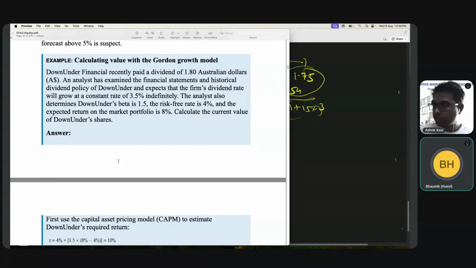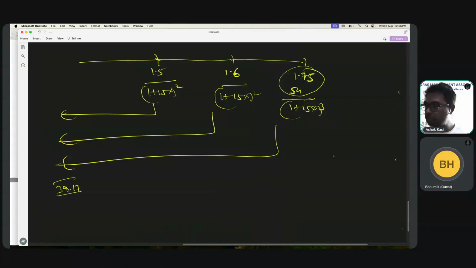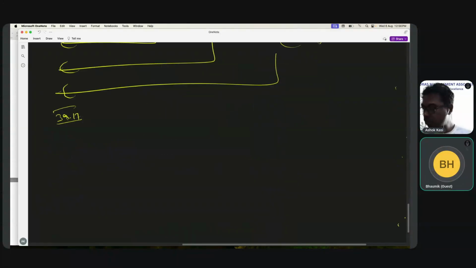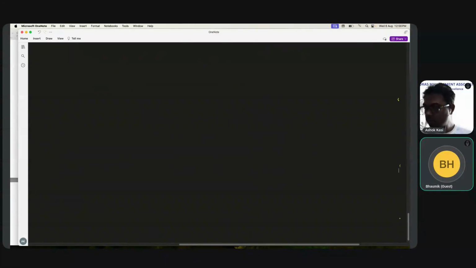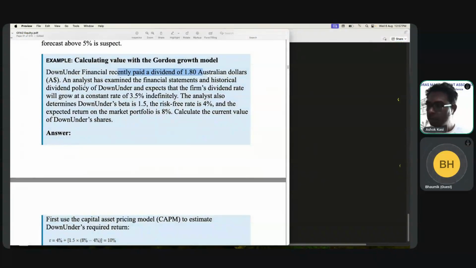So first through CAPM I'll find the current price. See, paid initially, now paid 1.80 Australian dollars. An analyst has examined the financial statements and historical dividend policy of Down Under and expects that the firm's dividend will grow at a constant rate of 3.5% indefinitely.